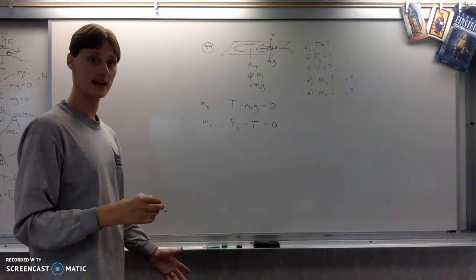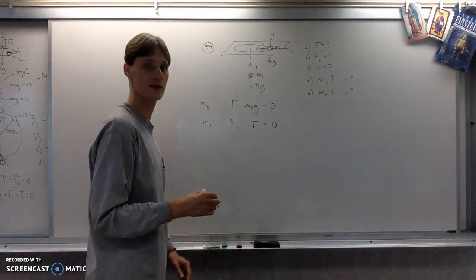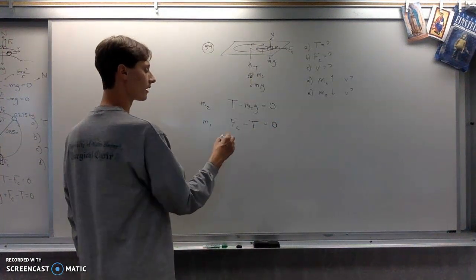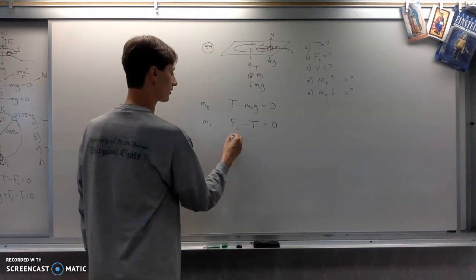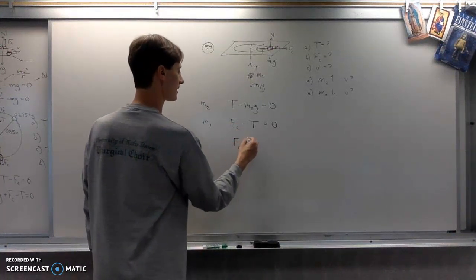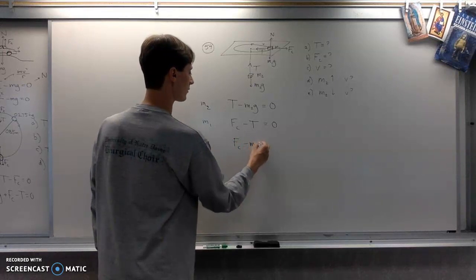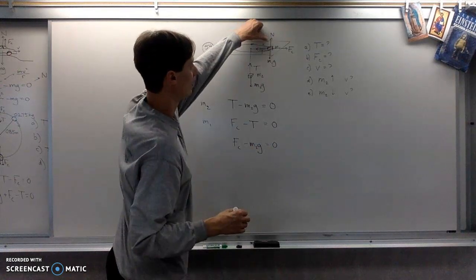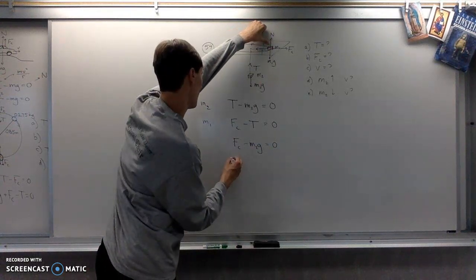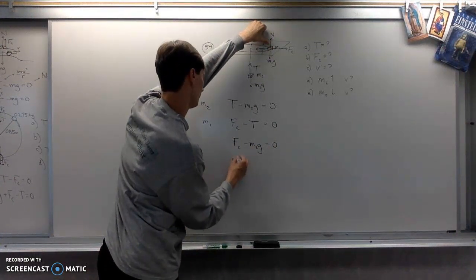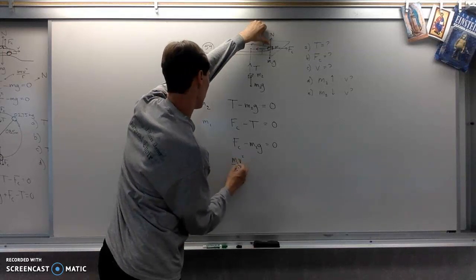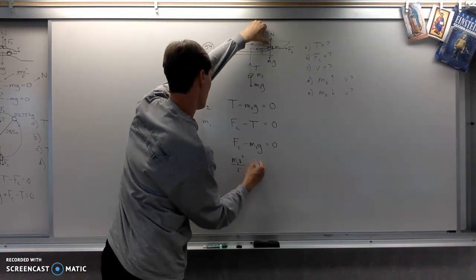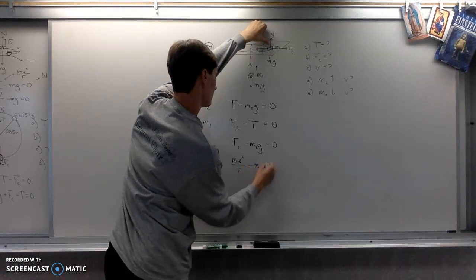And again, it's staying in that circular path, so we act as though it's an equilibrium question. All right, add these together, and what you're going to get is Fc minus m2g equals 0. So Fc, that would be this mass, so m1 v squared over r minus m2g equals 0.